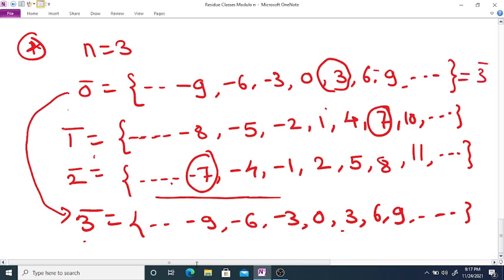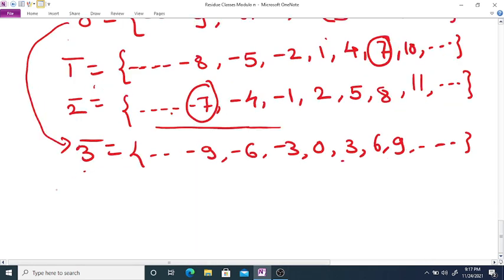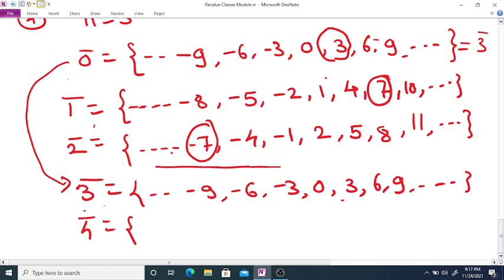Next, if you try to find 4 bar, you want to determine the numbers whose difference with 4 is a multiple of 3. These numbers are, say, minus 8, since minus 8 minus 4 is minus 12, which is divisible by 3.